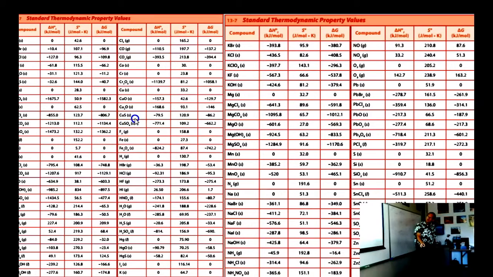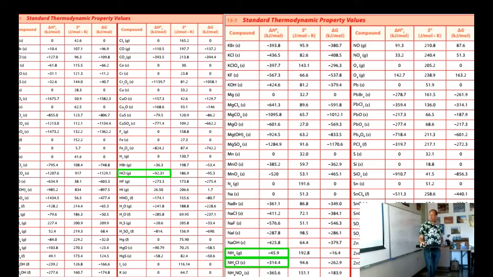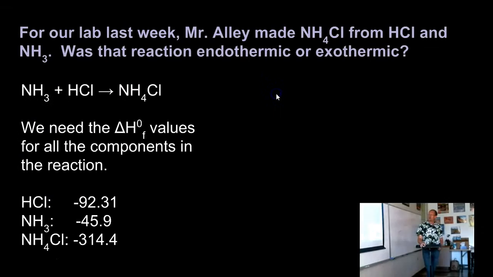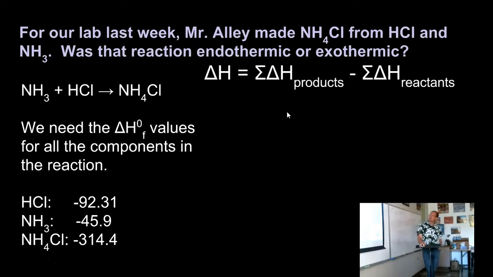When I look up the table, the values here are hydrochloric acid at negative 92.31, ammonia at negative 45.9, and ammonium chloride at negative 314.4. So you would look up the things that you need, and once you've done that, you can take those values back. So HCl, NH3, NH4Cl.